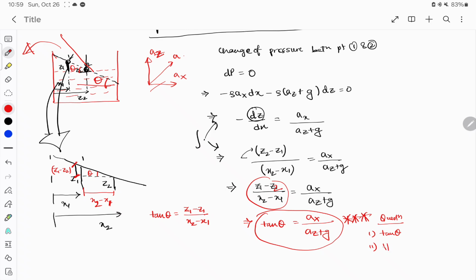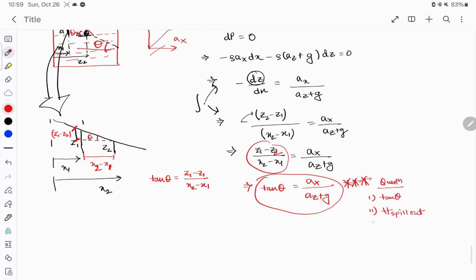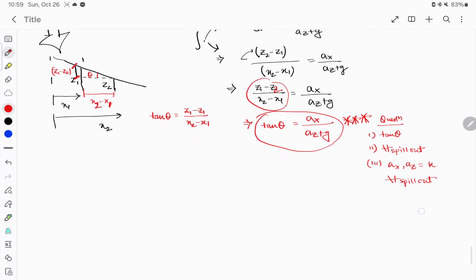So whether there is a spill out or not, volume spill out means पानी गिर गया क्या, या फिर ऐसे भी पूछ सकते हैं कि अगर एक्सेलरेशन ये है, if acceleration in the x direction and acceleration in the z direction is something, say k, then find the volume spill out. So these are the types of questions that may be asked.